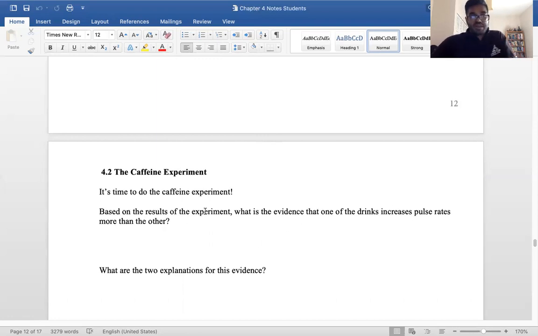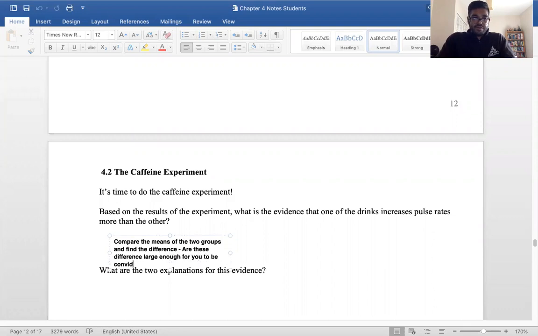Okay, so now let's say we did the caffeine experiments and you got some results. What could you do? So here you're going to compare the means of the two groups and find the difference, okay? And now the question is, are these differences large enough for you to be convinced that the caffeine caused a change?